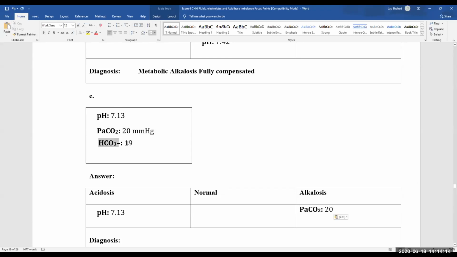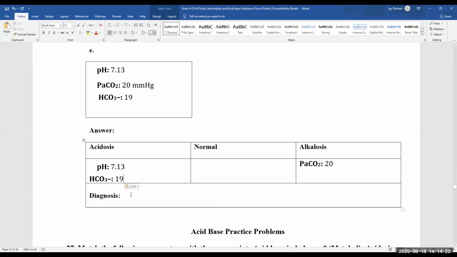And then HCO3, that's acidic. Your diagnosis: partially compensated metabolic acidosis. Is it compensated? Partially.